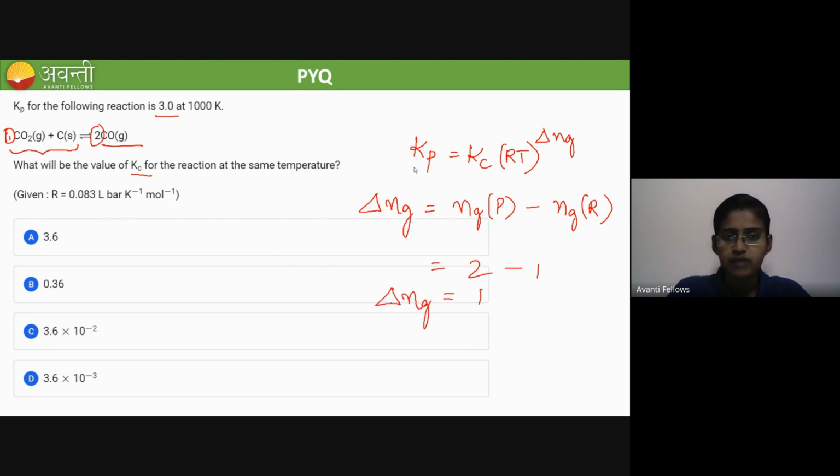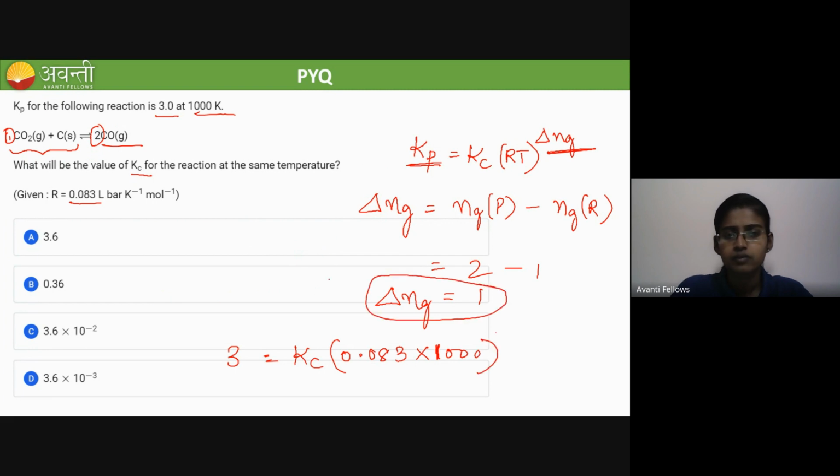So substitute the value of delta Ng. Kp is also given in the question, right? Kp is equal to 3, which is equal to Kc. The R value is also given here: 0.083, into the temperature, which is 1000 Kelvin. Our delta Ng value is 1. So Kc will be equal to 3 divided by 0.083 into 1000, right? So what will we get?